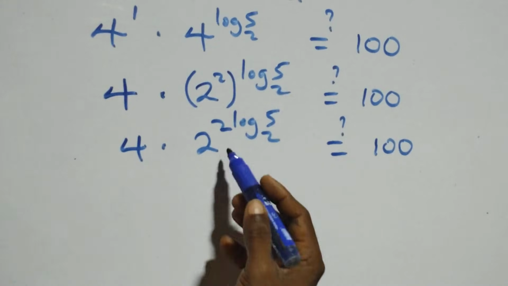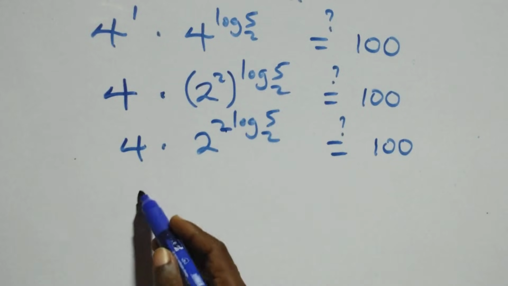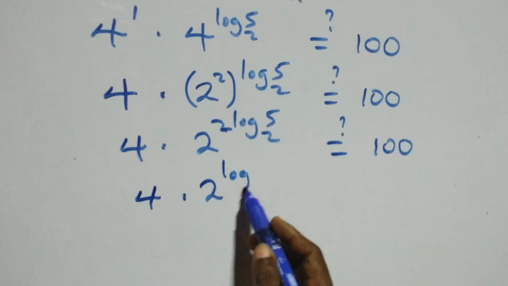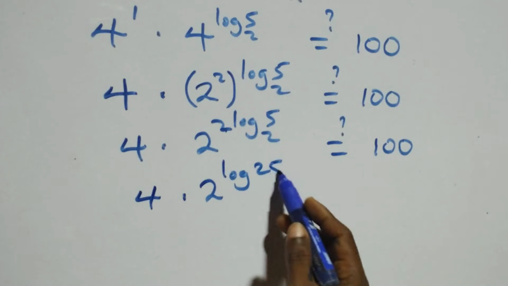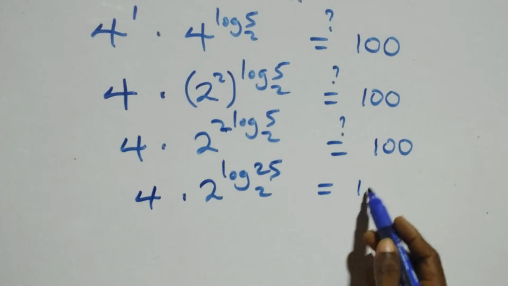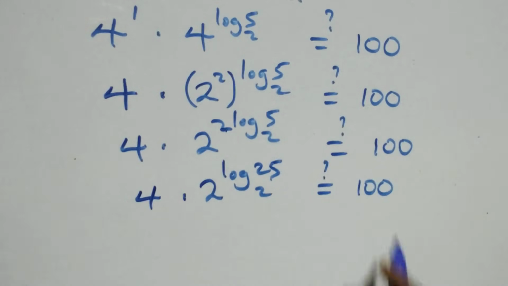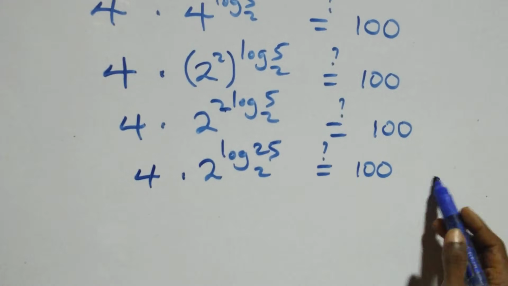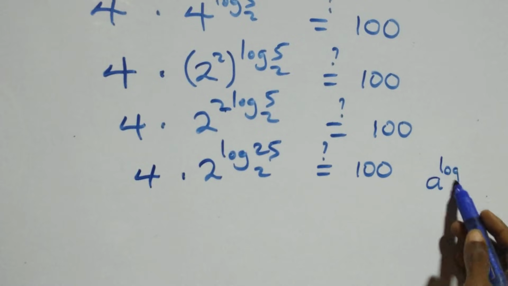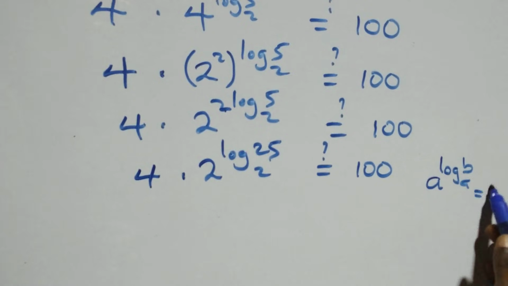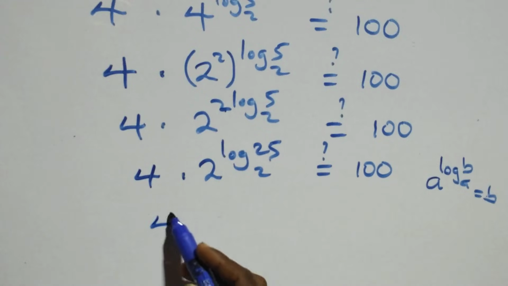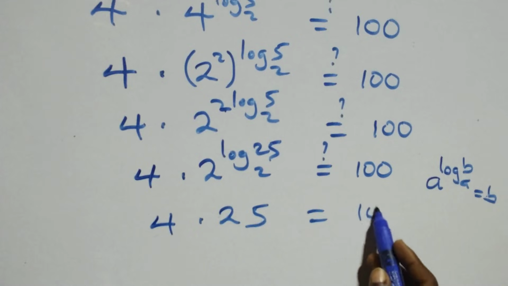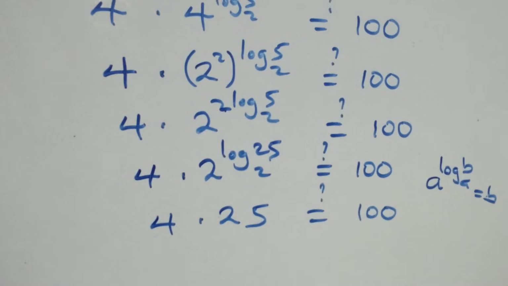Here we reverse this 2 from the power law. We have 4 times 2 raised to power log of 5 squared, which is 25, base 2, equals 100 on this side. Then this follows when we have a raised to power log b to base a, which equals b. Here we have 4 times 25 equals 100 on this side.